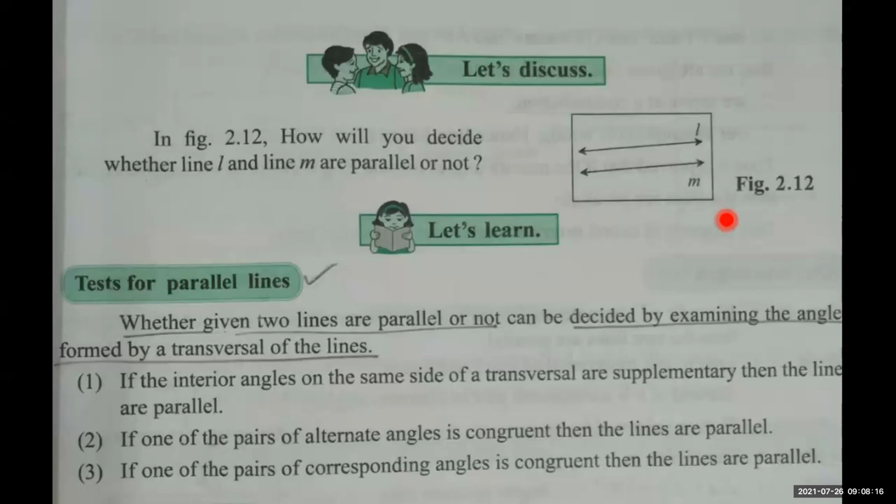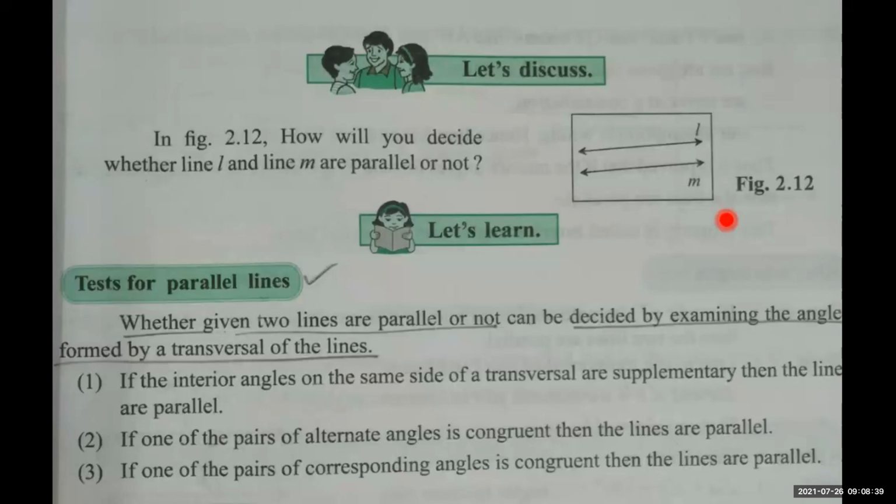And the last one: if one pair of corresponding angles is congruent, then the lines are parallel. So similarly to alternate angles, if corresponding angles are congruent, then those two lines are also parallel to each other. Okay.